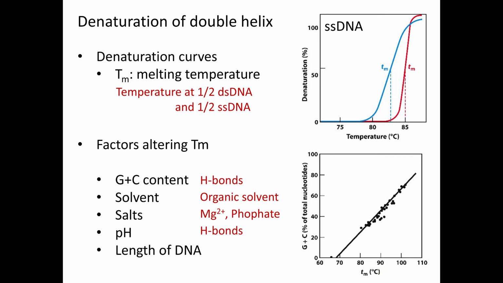Extreme pH conditions can disrupt hydrogen bonding and alter base structure, leading to strand separation and a lower Tm. Finally, the length of the DNA molecule influences melting behavior. Longer DNA molecules generally have a higher and broader melting transition because more base pairs contribute to overall stability.